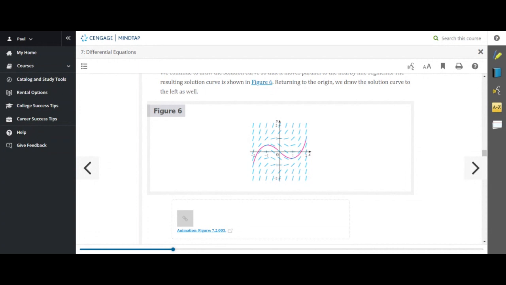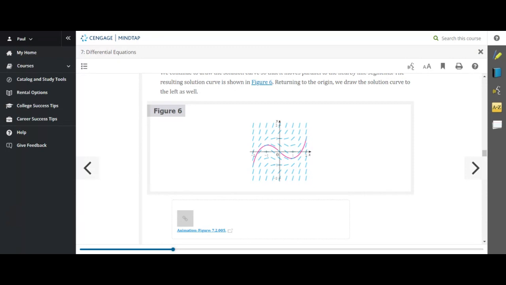So how do we know which part of the graph we do the solution curve? So what'll happen is, like in WebAssign, it'll give a direction field and say draw the solution curve passing through, in this case, say the origin.